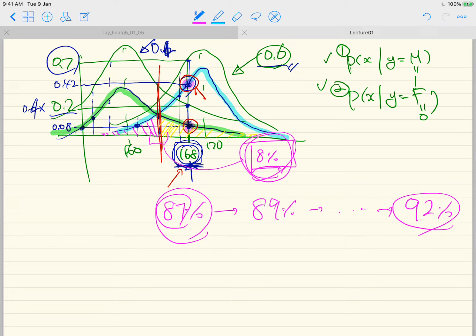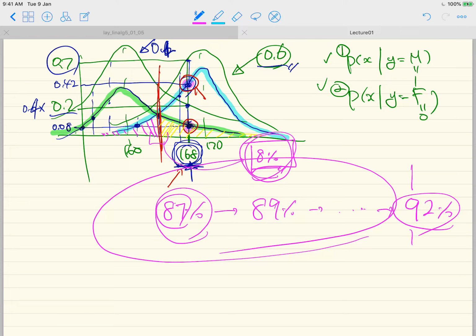So in practice, when we model a neural network or do hyperparameter tuning, we don't even assume any generation process, like p of x comma y, or p of x given y.